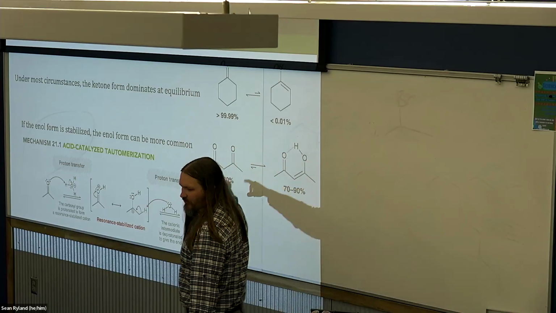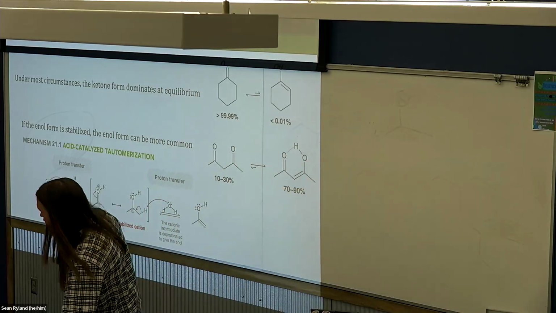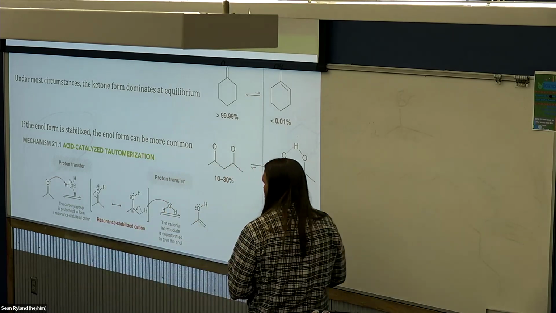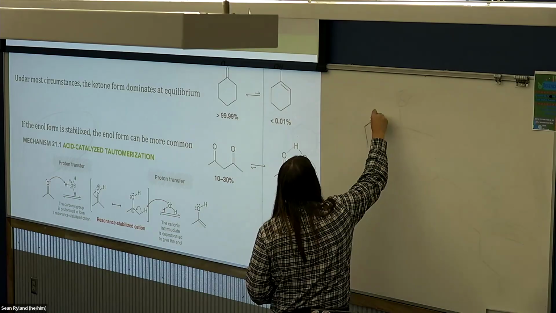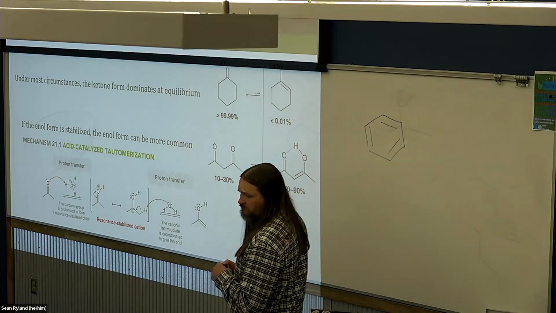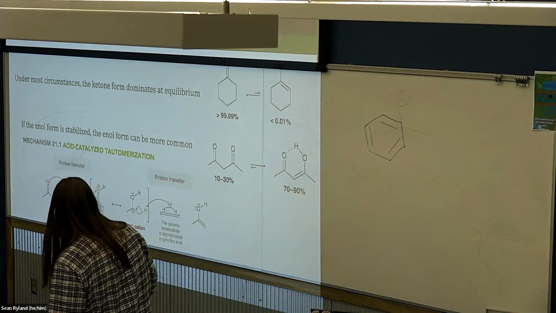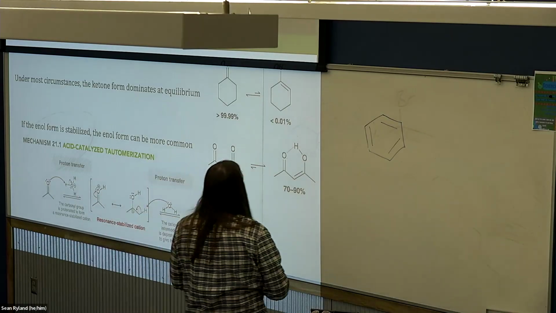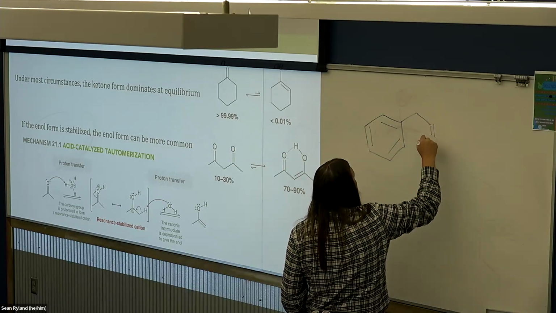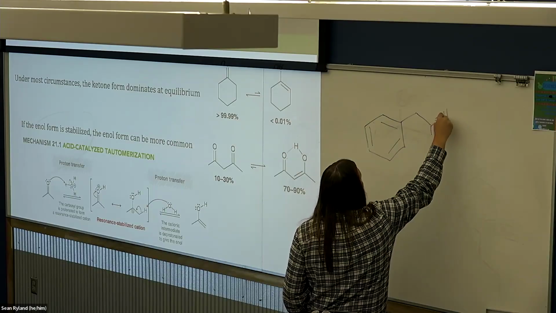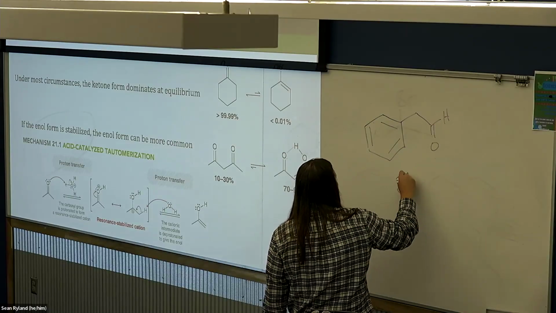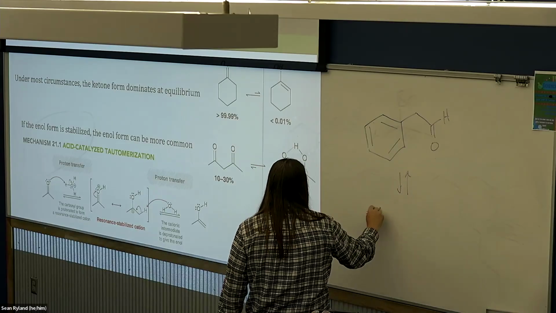Because this is one example. Can you draw another molecule that, what do you mean? Like, comes above the 7 to 9. Yeah, so basically if we had a molecule that looks like this, that can go through a tautomerization.